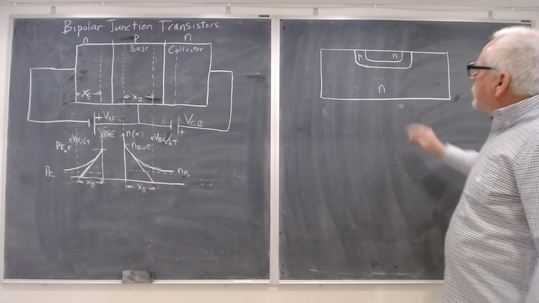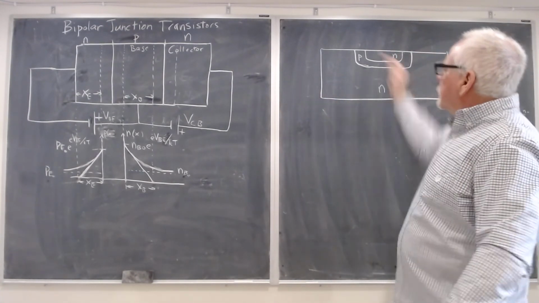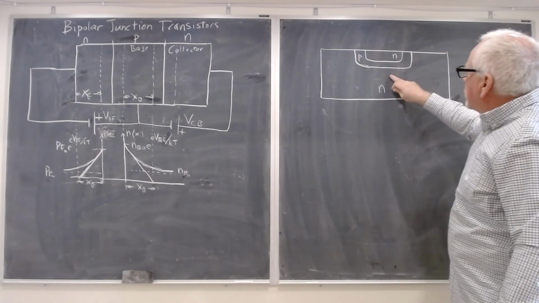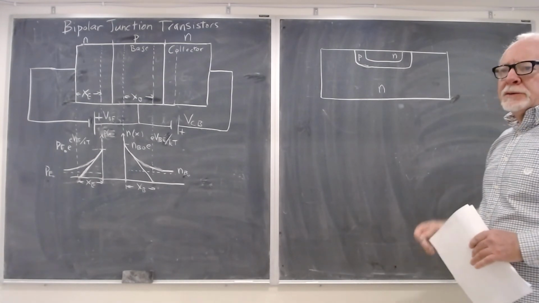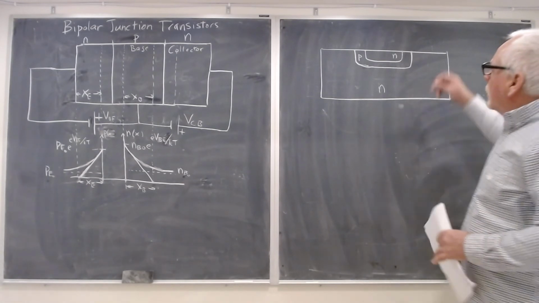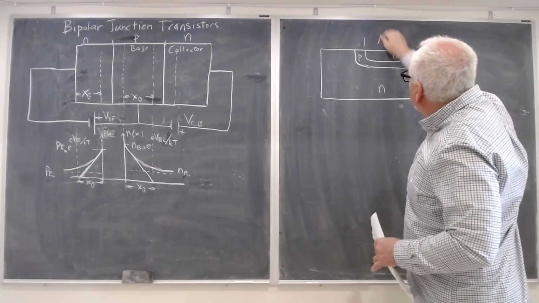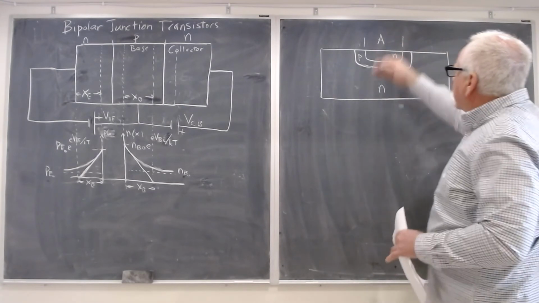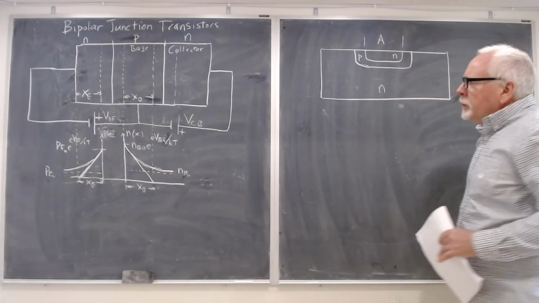This picture is that picture turned on its side, so to speak, because this is the emitter, the base, and the collector. I'm jumping ahead here because we're going to be calculating J, but what you're really interested in is I. I'm just pointing out that there's a single area A, the area of this cross section going forward.